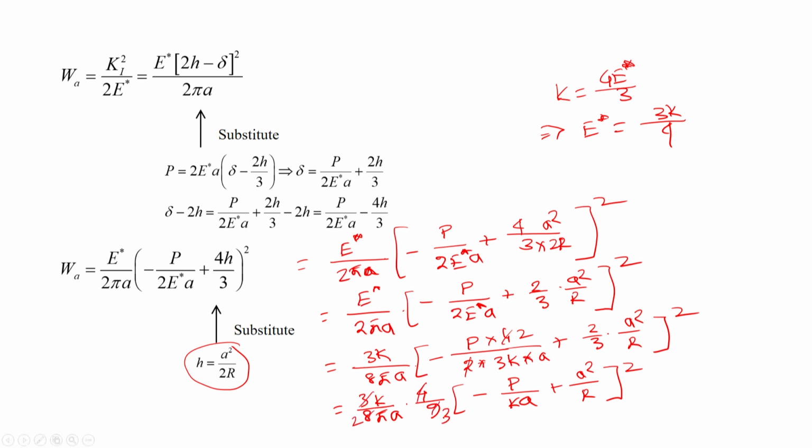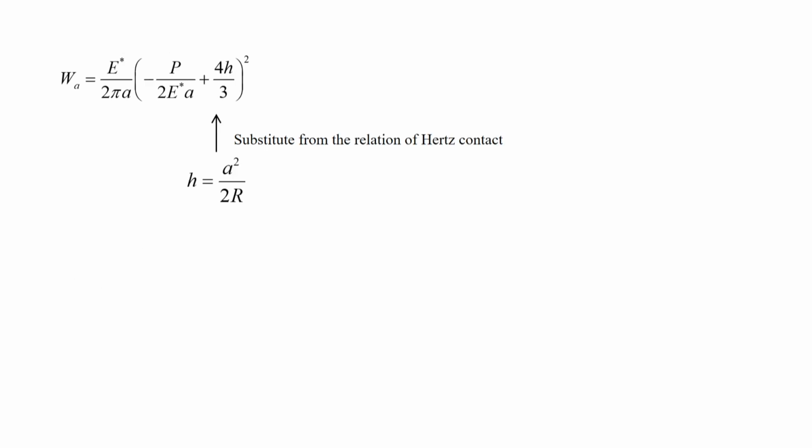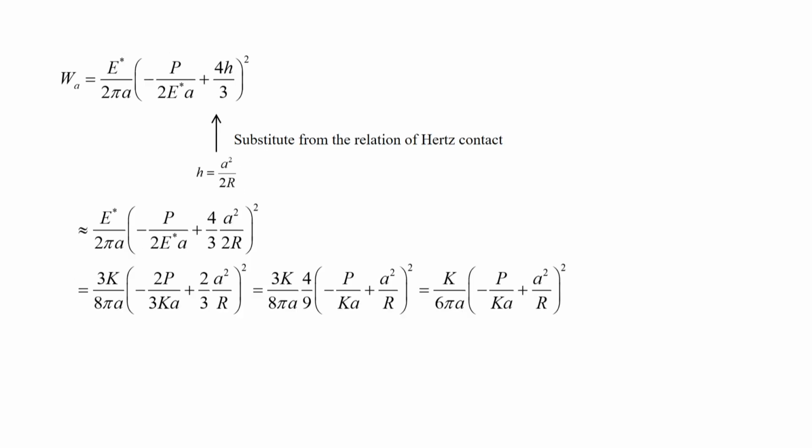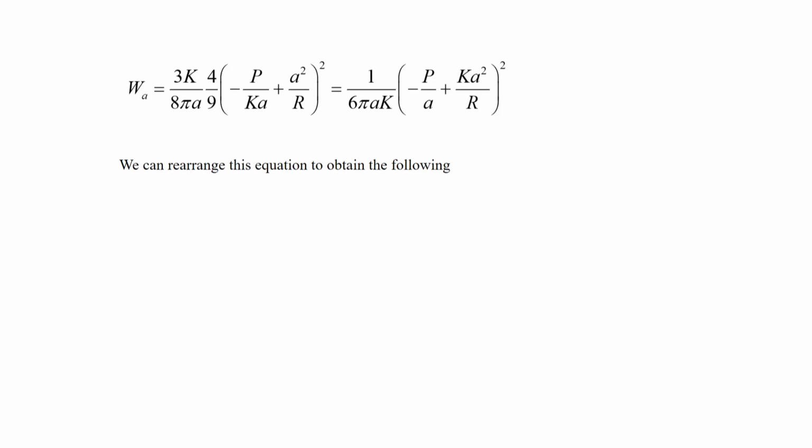So, I have 1 upon K by 6 pi A. So, it is K by 6 pi into A into minus P by K into A plus A square by R, whole square, like that. We are gradually converging to whatever JKR. So, basically we now have this expression, that W A, work of adhesion, is equal to this.